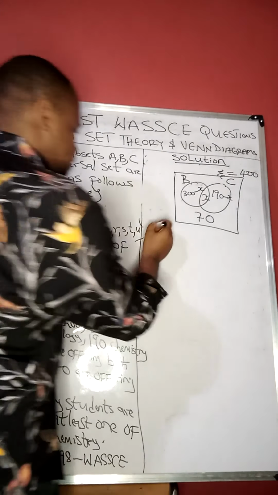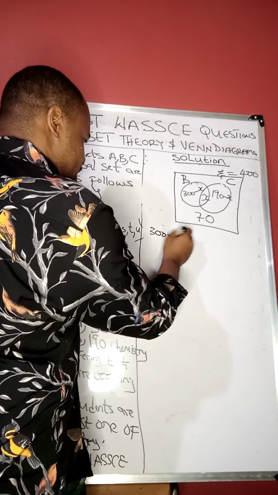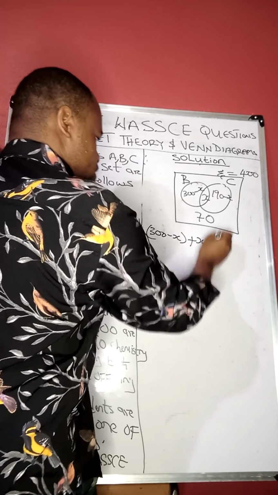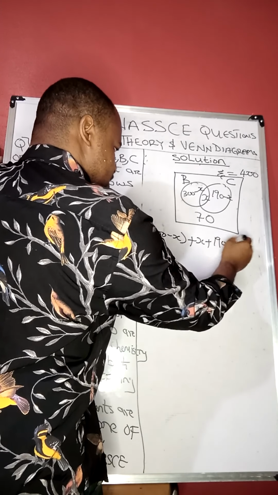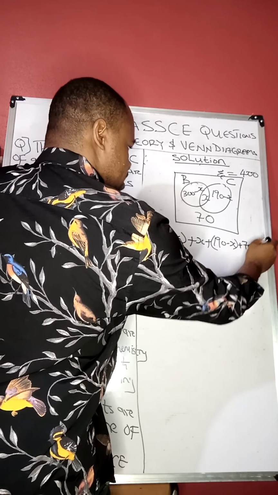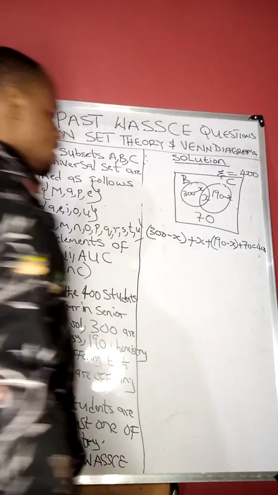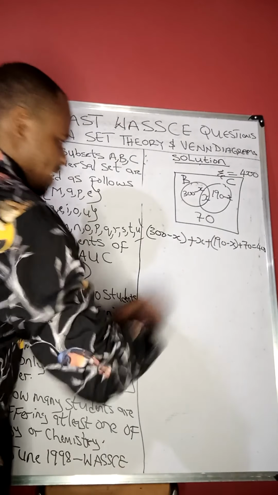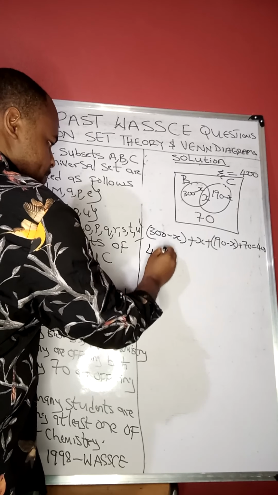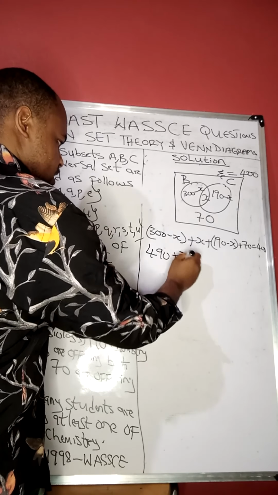So let's add. I'll be having 300 minus X plus X plus 190 minus X plus 70 must give me 400. All right. So let's open up the bracket, add everything here. 300 plus 190 is 490, plus 70 is 560.